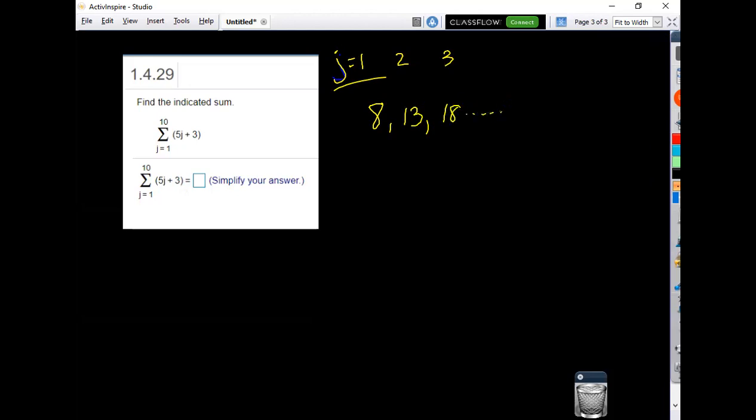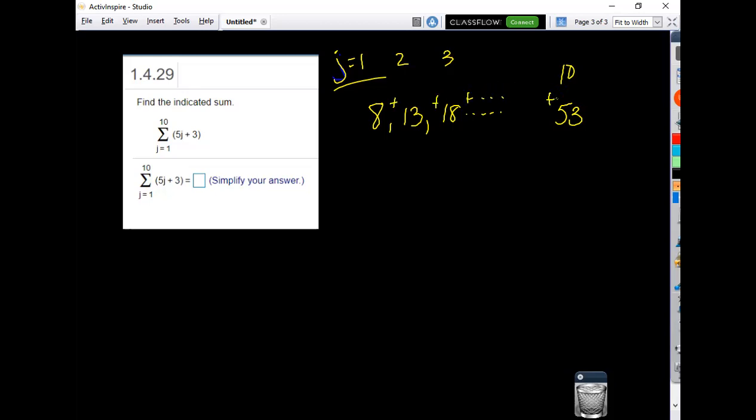Okay, and we would keep going like that until we get to the 10. And so then we would be up to what, 53? And that would be the 10th number in the sequence. So the Greek letter means they want us to add all these up.